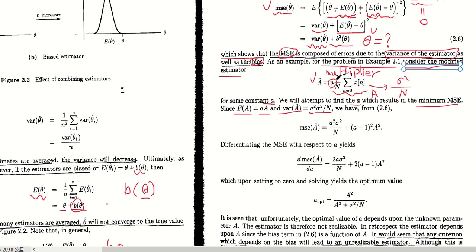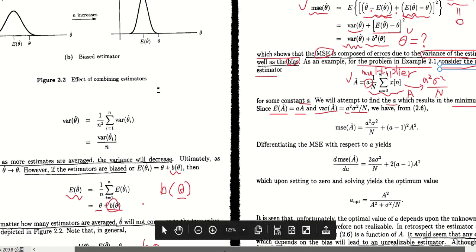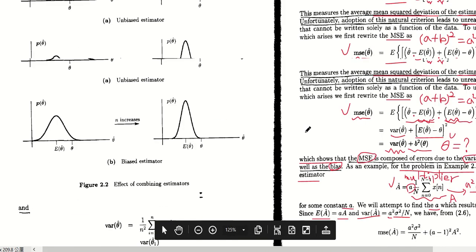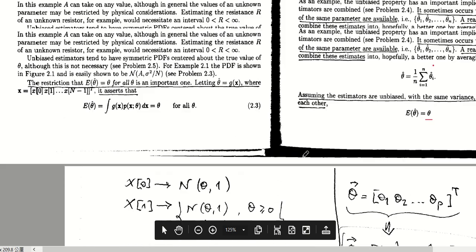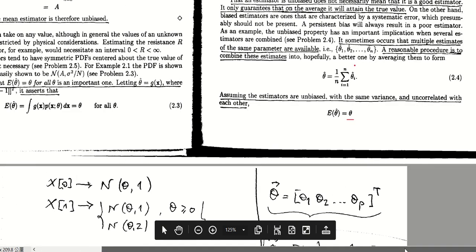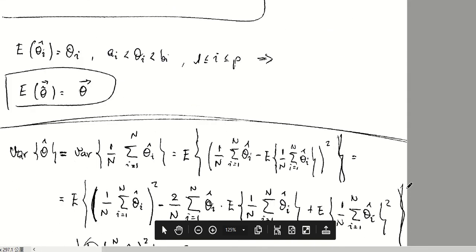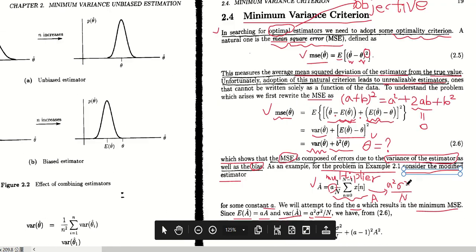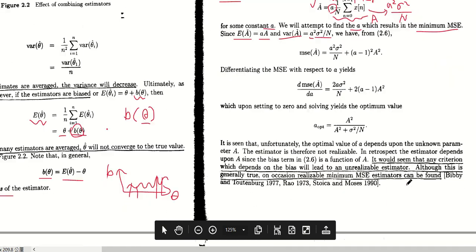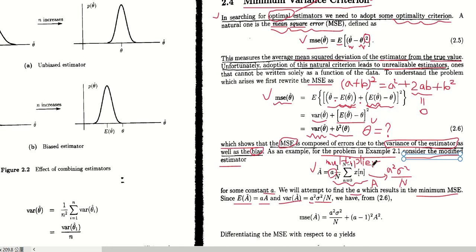You have the extra a, and it comes in as a square, so you have a squared sigma squared divided by n. So we have from 2.6, let's see, 2.6. Yeah, I'm sorry, 2.6 is here.